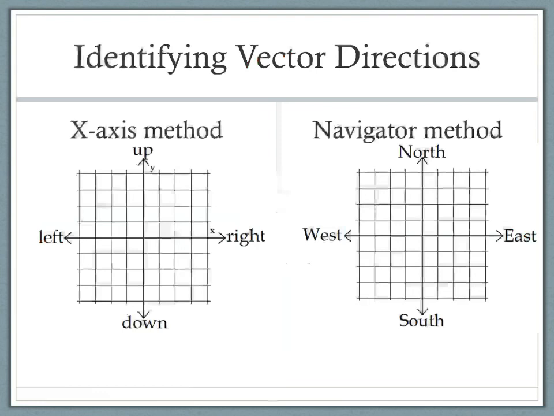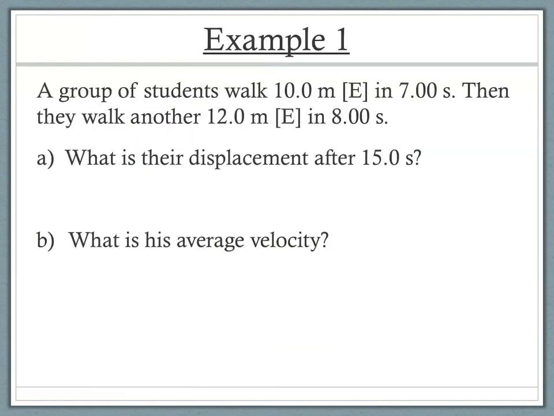So make sure that you know what's going on. Usually, if it says that a ball is being thrown up, you know that's going up, and you know you're going to use this method, right? If it says that somebody is traveling north, then you know you're going to be using the navigational coordinates. Okay? And that's how that is working.